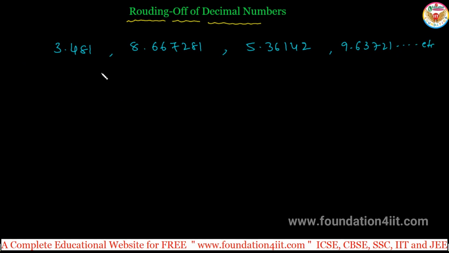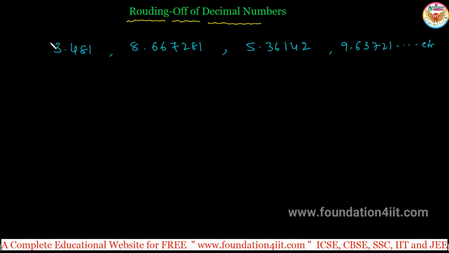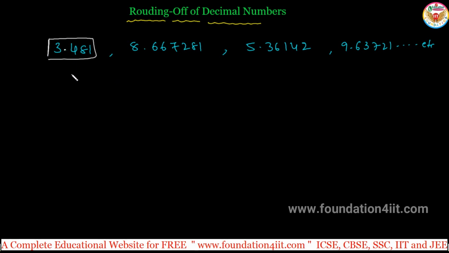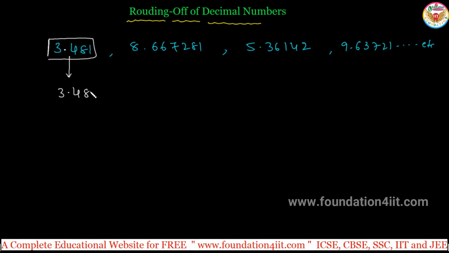So depending on that, we have the simple technique. First one, if the answer is required correct to 2 decimal places, we take the digits up to 3 decimal places. For example, this is the number. If you want to make it correct to two decimal places, that means after the point there should be third digit also. Now 3.48.